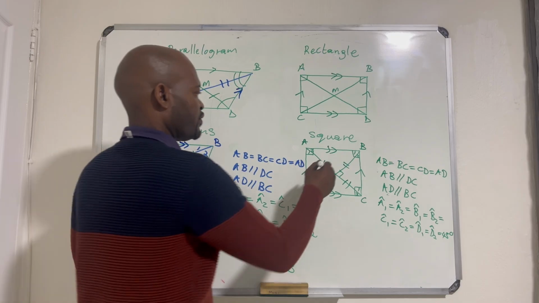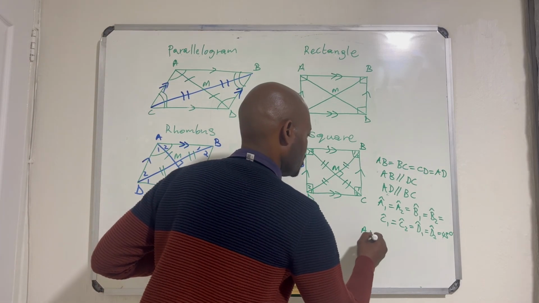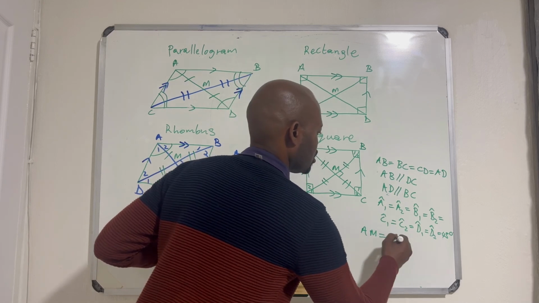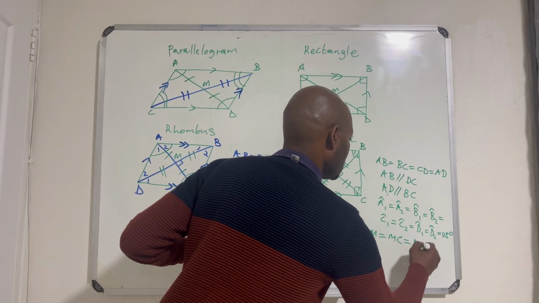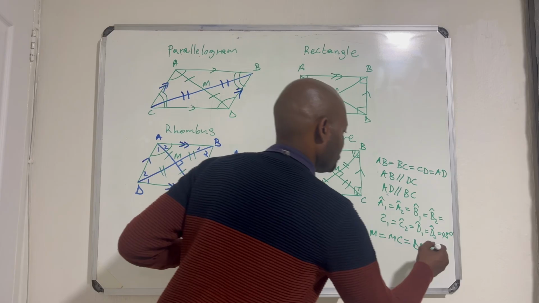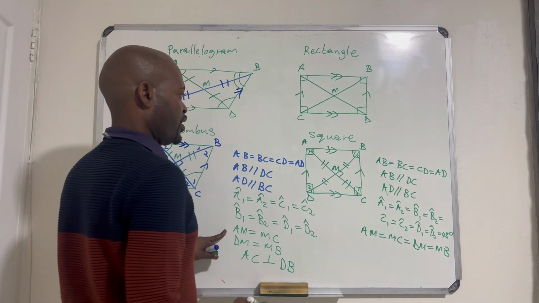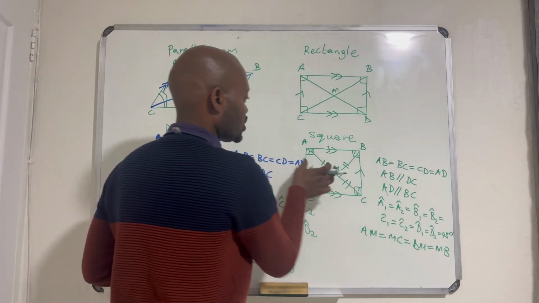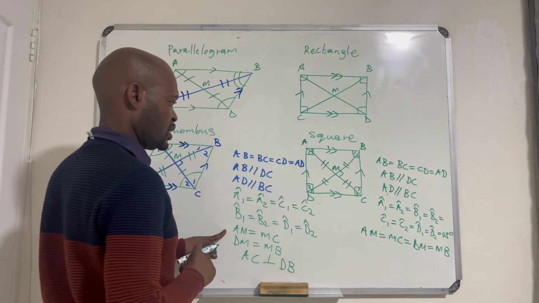Now, if this is M, we know that AM equals MC, which equals DM, which equals MB. Therefore, diagonals bisect each other equally. That is why this is equal to that, equal to that, equal to that.